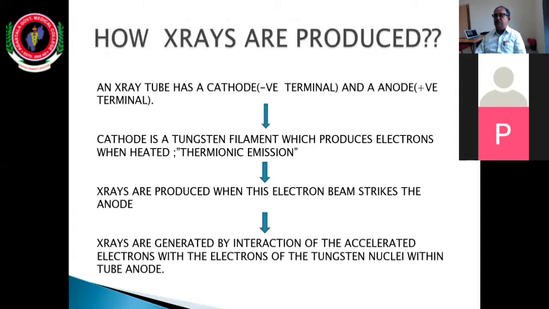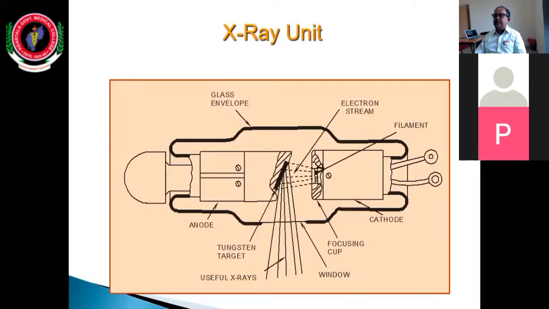Now come to the X-ray. How the X-ray is produced. There is an X-ray unit. This is the X-ray tube, a schematic diagram of the X-ray, where there is a cathode and there is an anode made up of tungsten. Cathode is made up of tungsten filament.